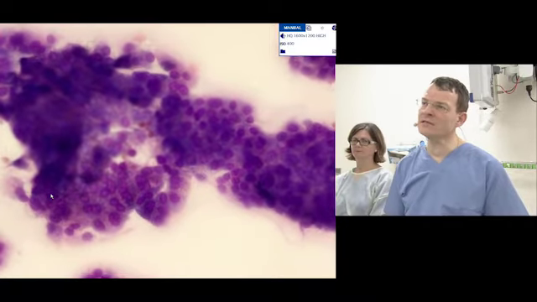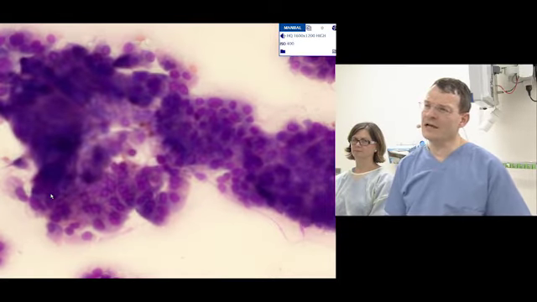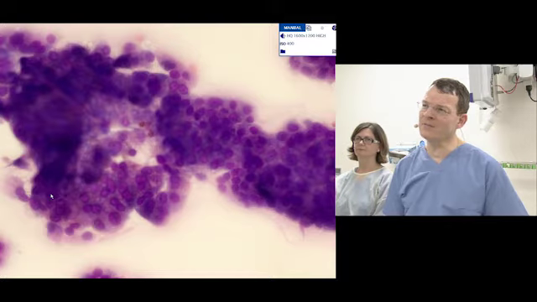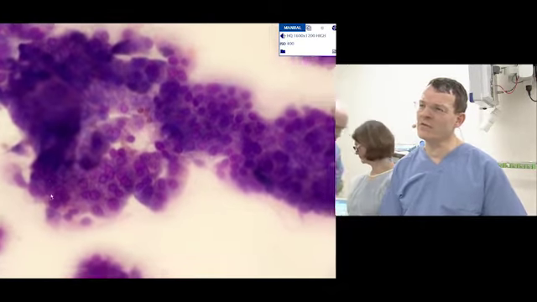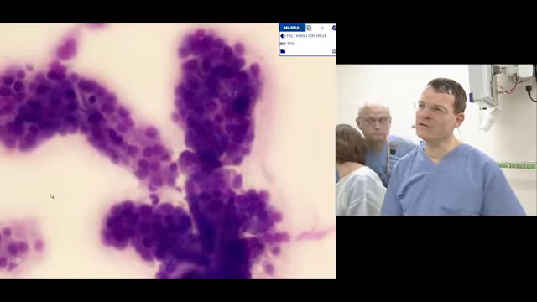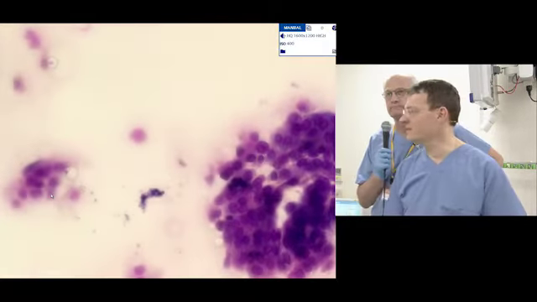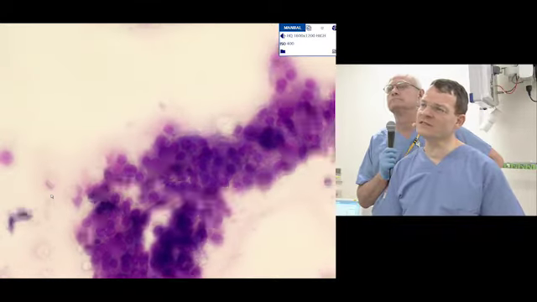That is one point. The other point I wanted to show you finally is what we mentioned yesterday: where is EUS good and where is EUS bad. EUS is very good to detect the infiltration of the portal vein system.